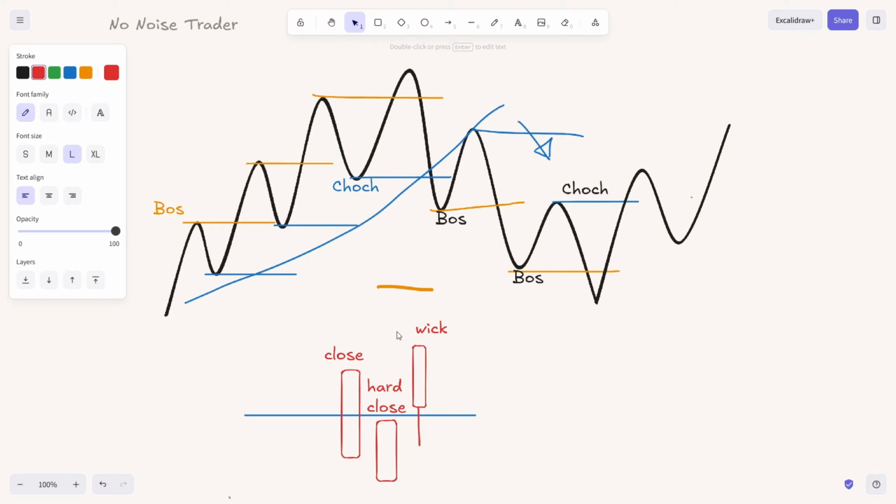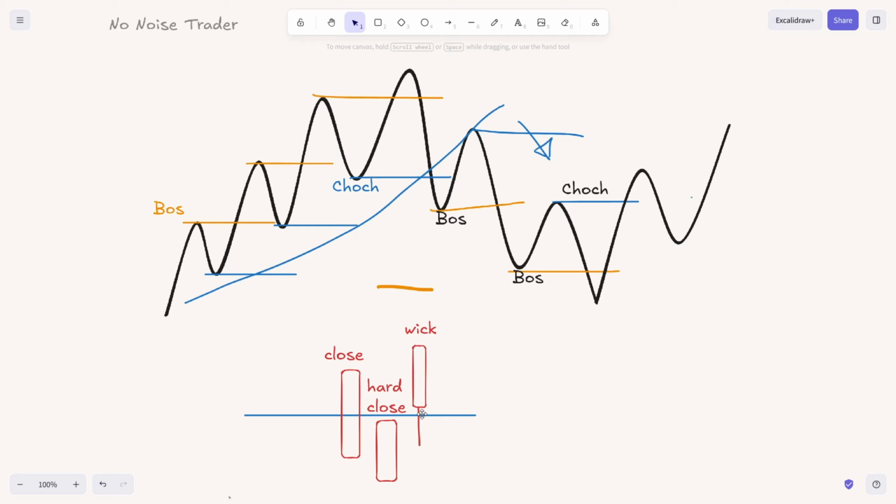So the wick break means we made a low in price, so price went down and pushed under the low. In this case, this would be a wick, for example. This is more aggressive.